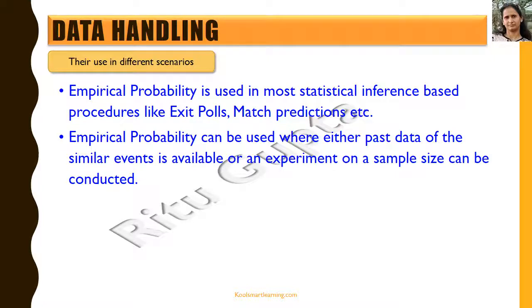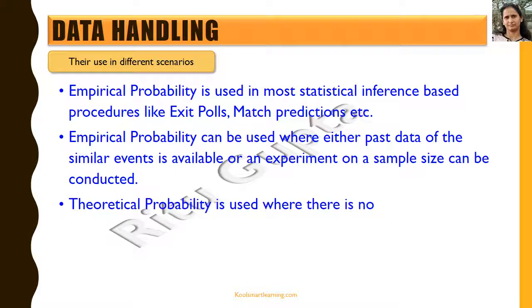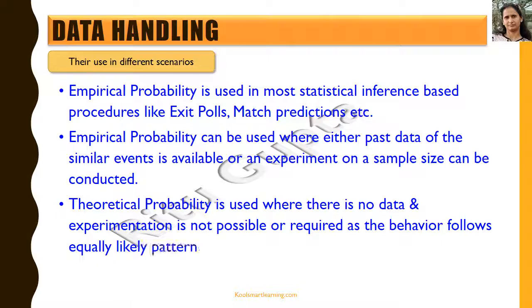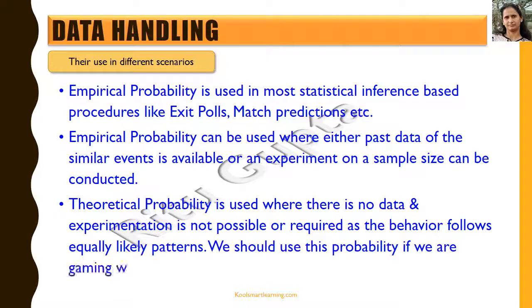Theoretical probability is used where there is no data and experimentation is also not possible, or in some cases experimentation is not required, as the behavior follows the equally likely patterns. Now say for example, if you're tossing a coin or throwing a dice, there is no need to have any previous data.